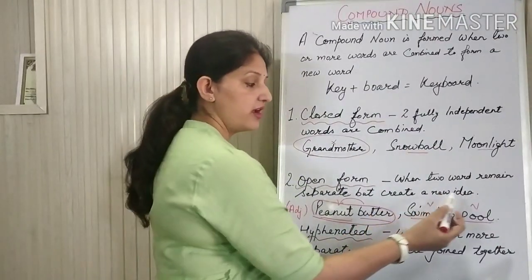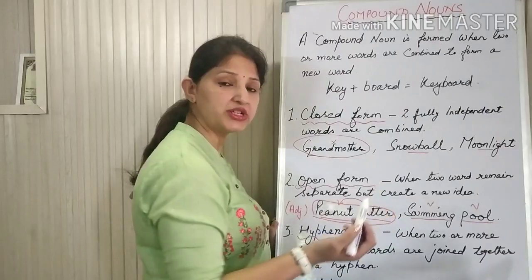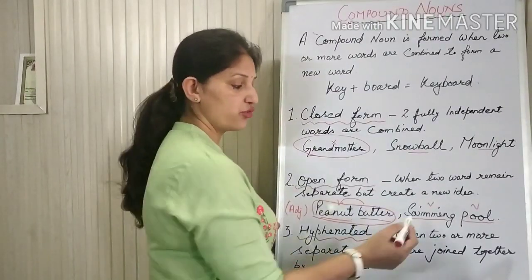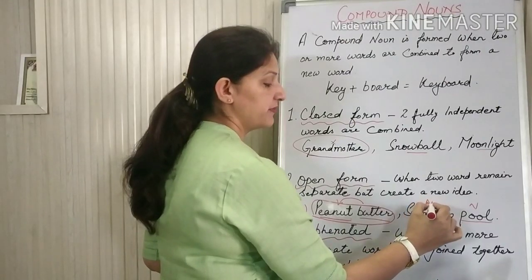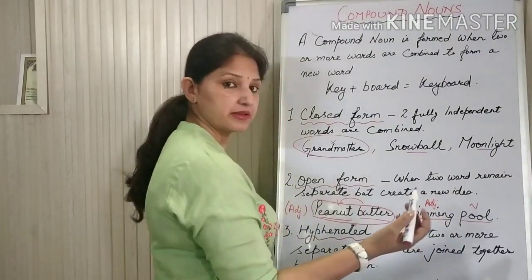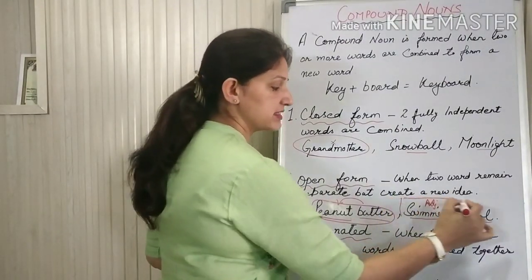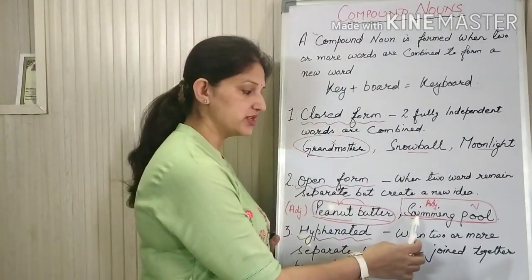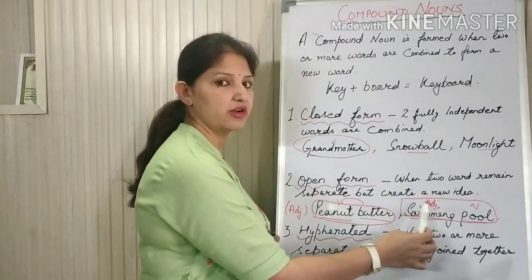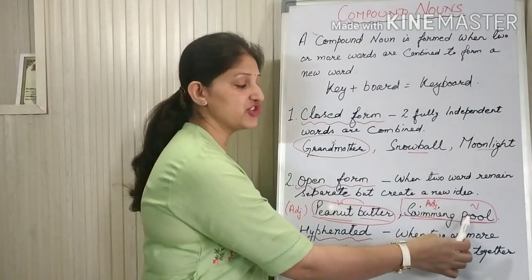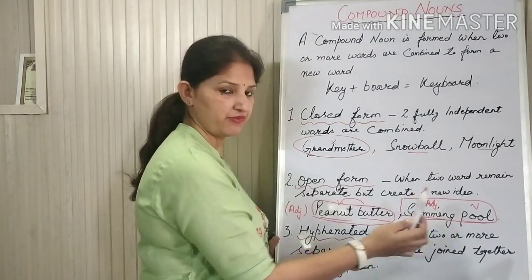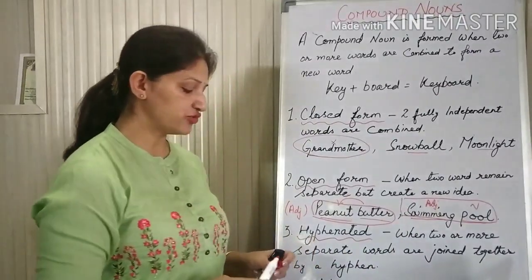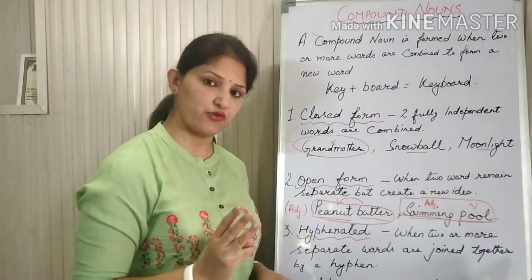But here it is describing what kind of pool it is. So here the swimming is acting as an adjective, and altogether this is a single word. So in the words where the first word is acting as an adjective of the noun, it will be kept open. Fine. Then let's come to the hyphenated third form.